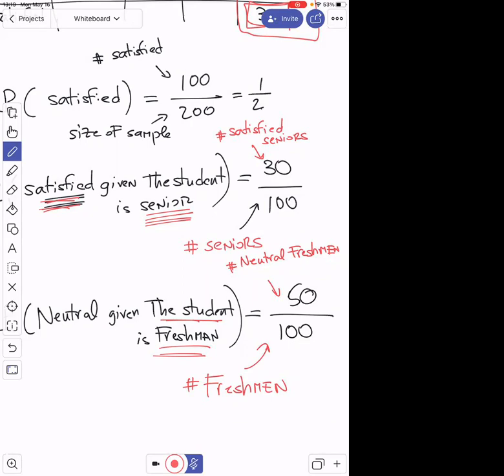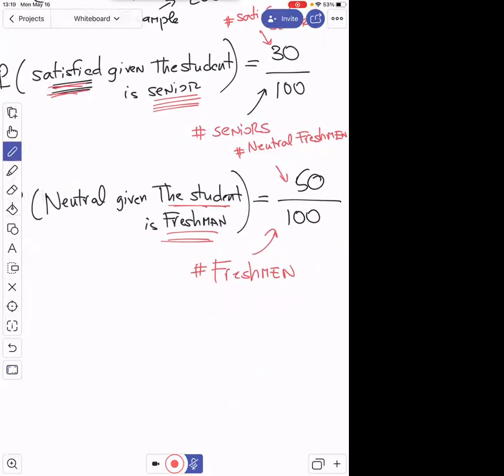Now, let's do or. So it says, for example, in the C, probability that the student is junior or not satisfied. So for or, we need to remind you here of the formula.